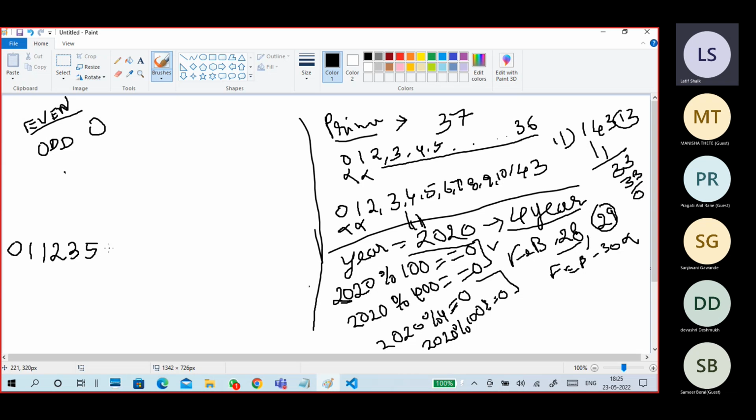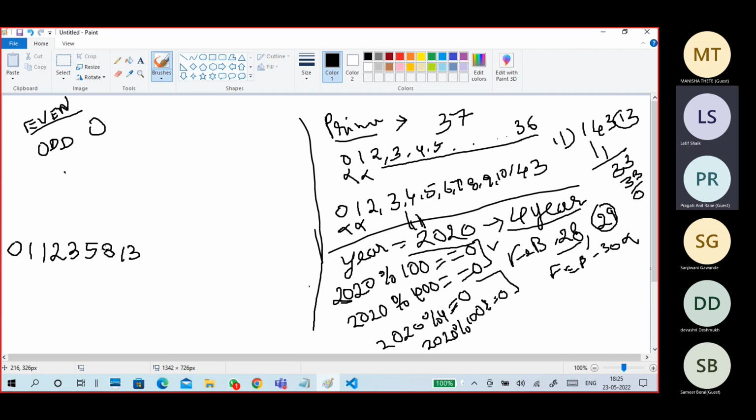5. 3 plus 5, 8. 5 plus 8, 13. This is 21. How much is it? 34. This is 55.